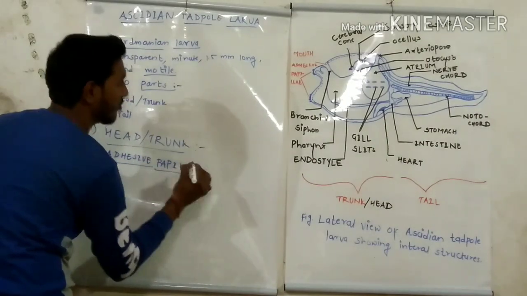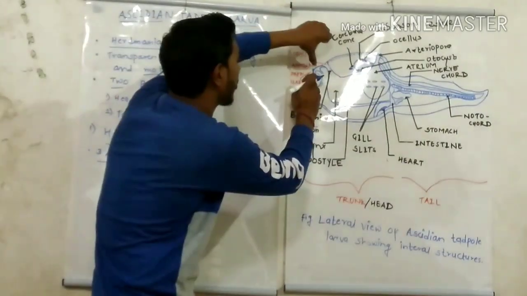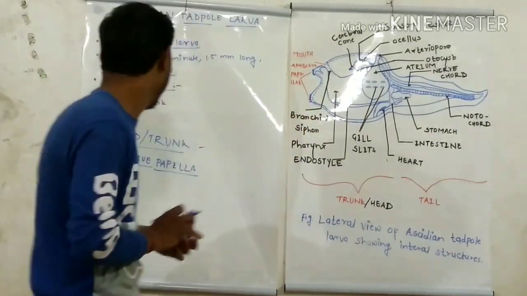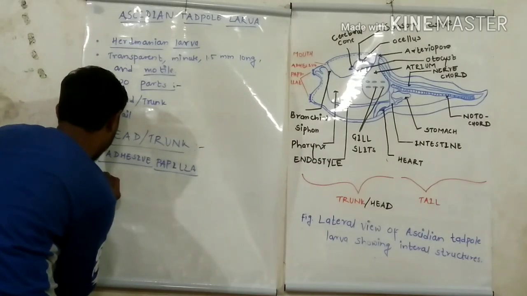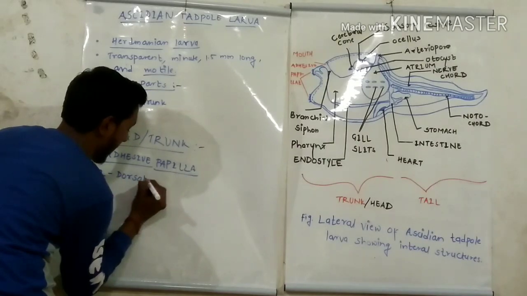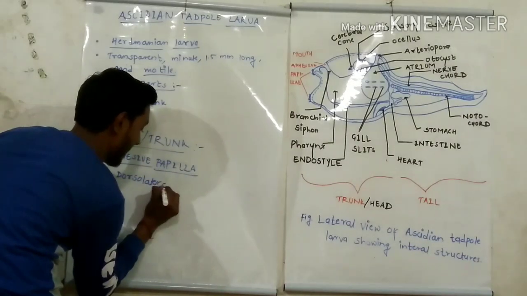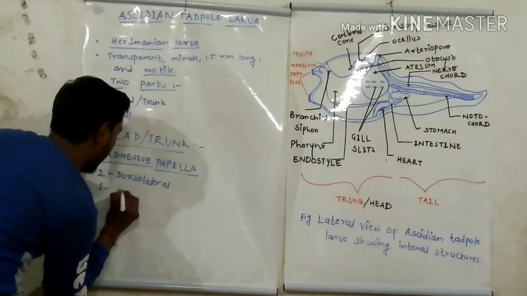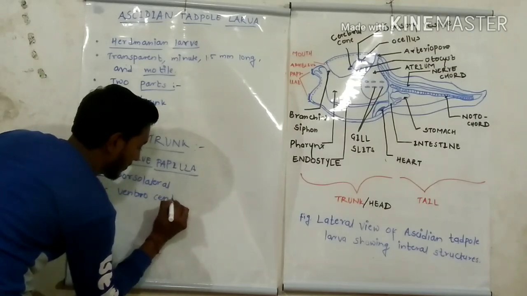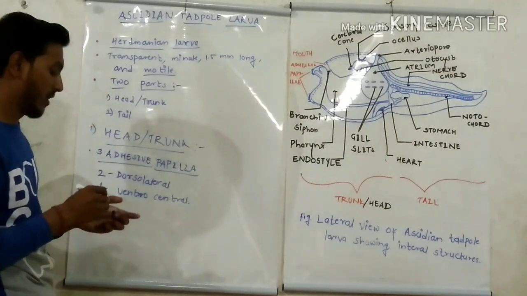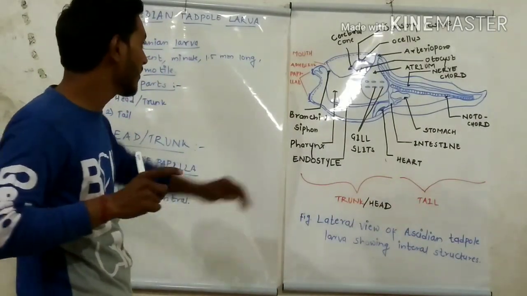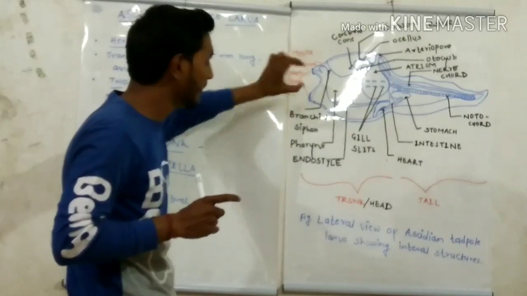The distribution is that there are two dorsolateral adhesive papilla and one ventrocentral adhesive papilla. These adhesive papilla are involved in the attachment during metamorphosis, and these are made up of sensory epithelia.